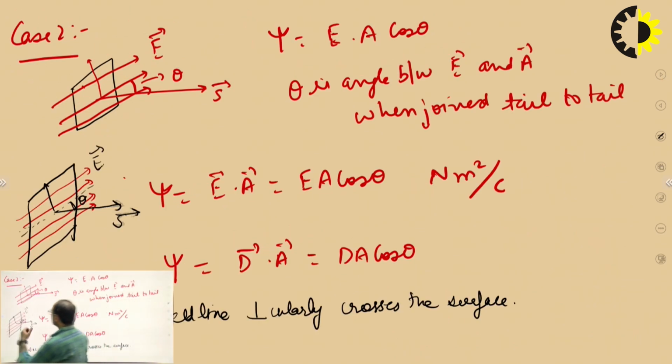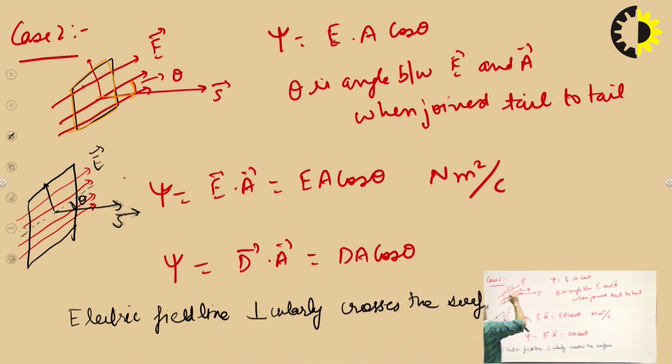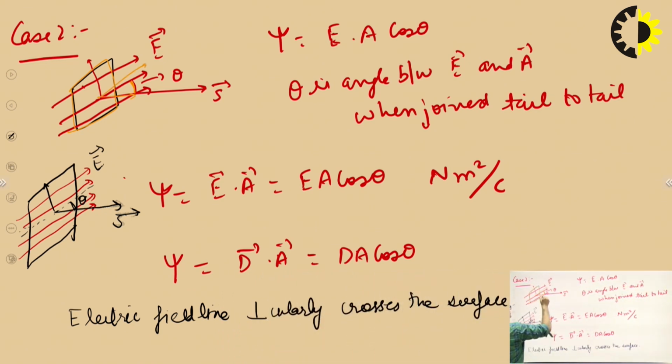Now case number 2. If the surface is like this one and the fields are like this one, they make some angle between the two. So this is a surface and field lines are passing, though they make some angle. Clear? The surface vector is in this direction and the field lines are in this direction, so both make some angle, that is theta.